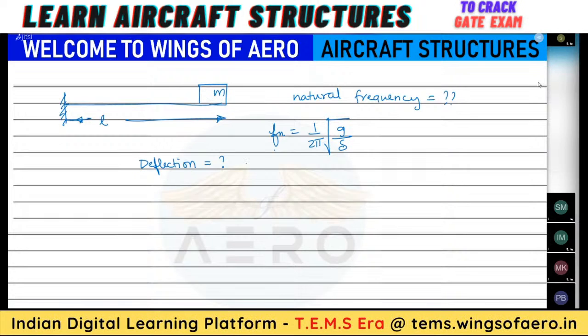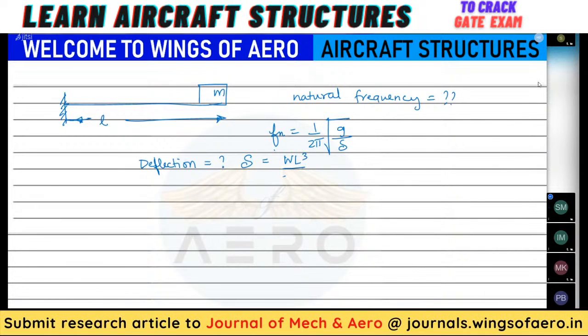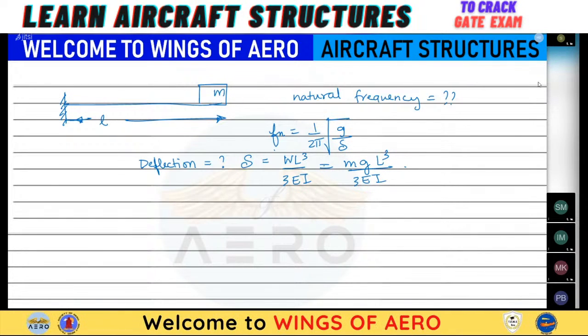Now what is the formula for that? You should know that formula, isn't it? WL cube by 3 EI. Yes, 3 EI. Right? And what is W? We can write mg L cube by 3 EI.